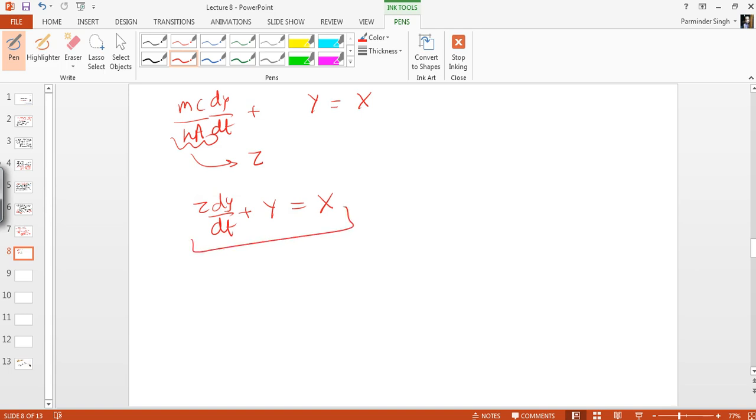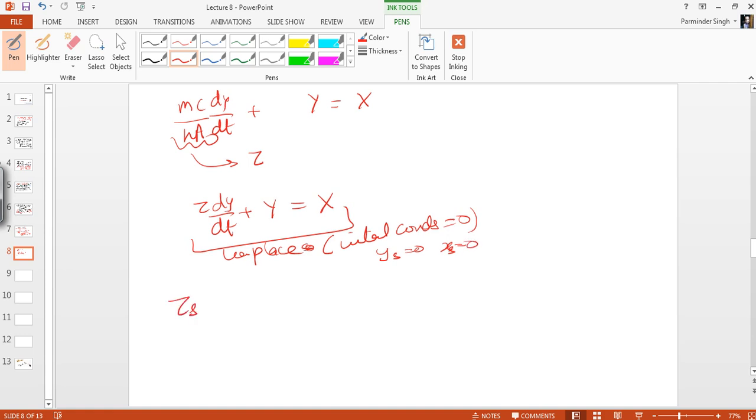Taking the Laplace, assuming that initial conditions are 0, that is ys is 0 and xs is 0. So what do we have?